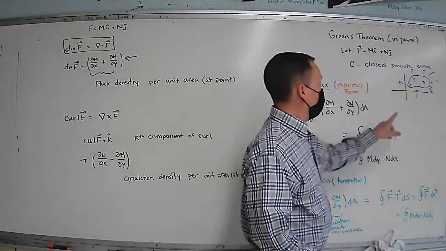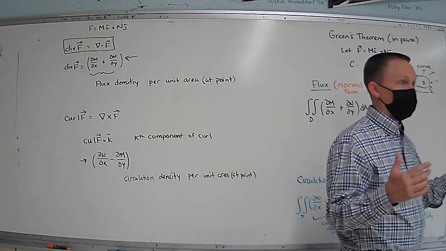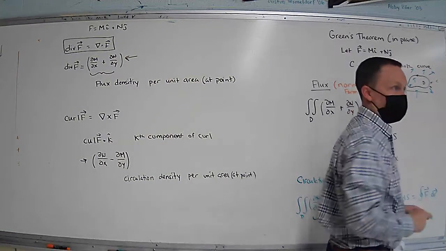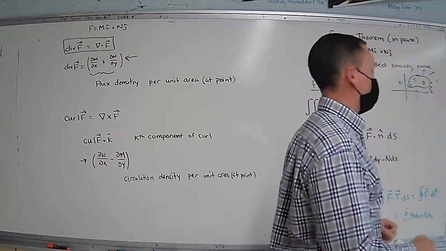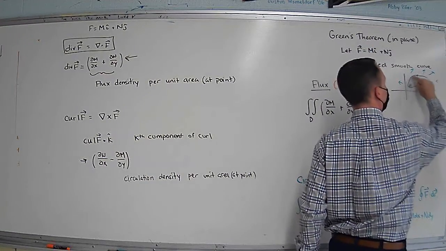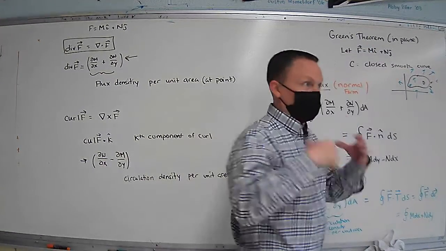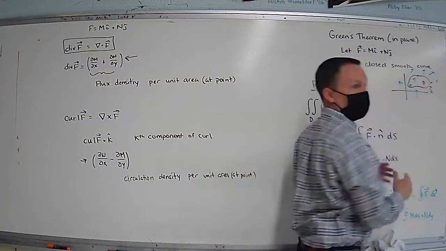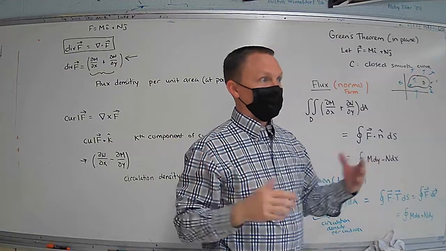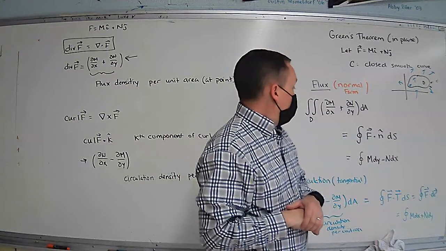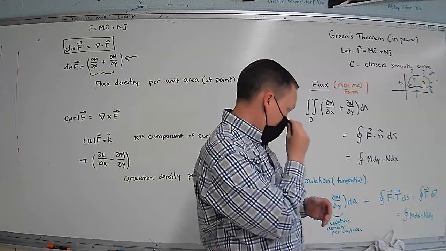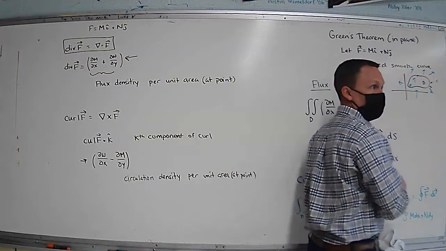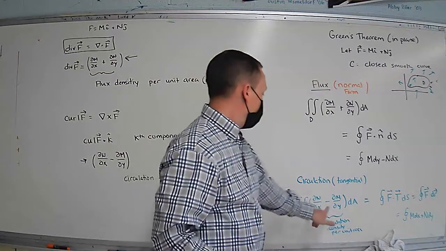Essentially, if I wanted to find the flux of this field across this path, it's equivalent to summing up all of the flux density over that whole area on the inside. Or conversely, if I wanted to find the circulation of this field along this path, it's equivalent to doing this calculation right here.